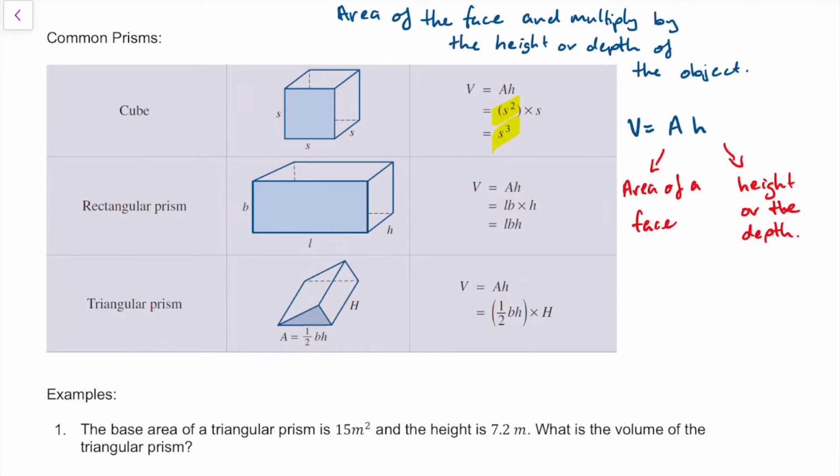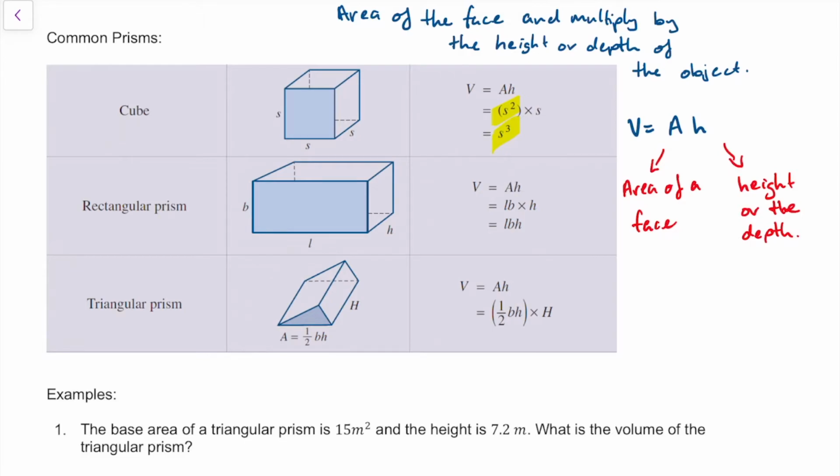For the rectangular prism, we also have V equals AH, but this time we have LB, so length times breadth, then times the height, which is why sometimes we say depth instead of height, because if you wanted to look at it a little bit differently, you could say that the rectangle is base times height and then times the depth of the object.